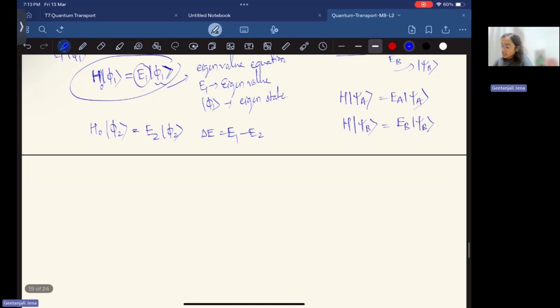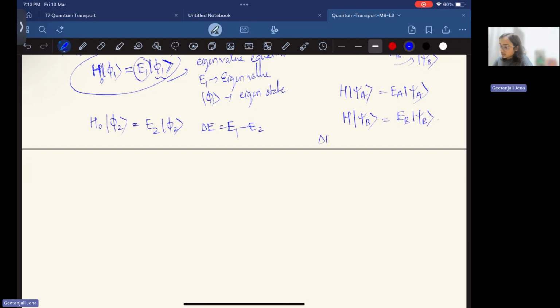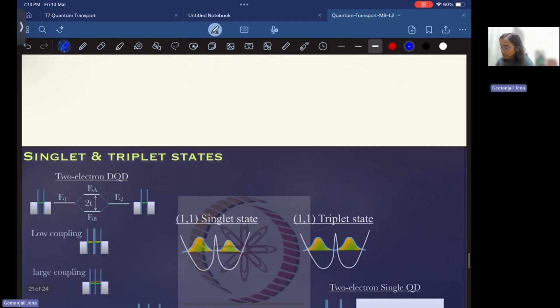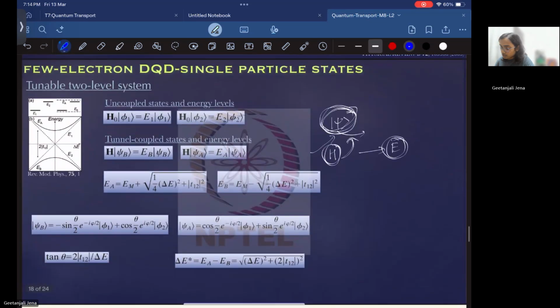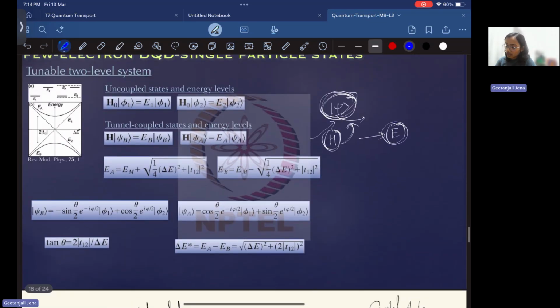Okay, and the energy splitting between these levels is now changed, it is EA minus EB. And we have also seen some of the mathematical details. If you look at, okay, yes, this.